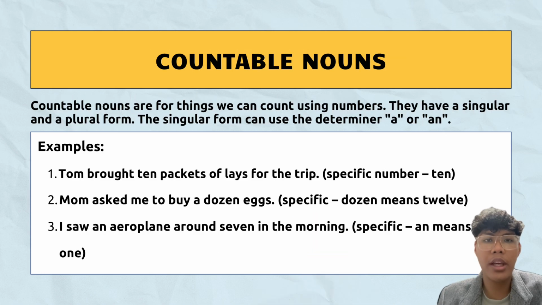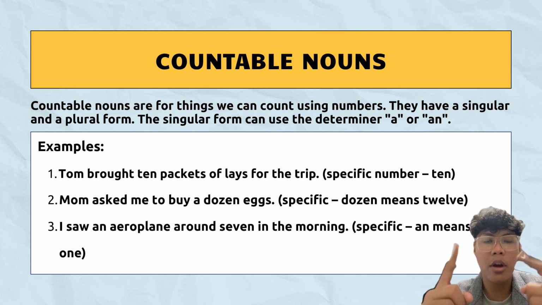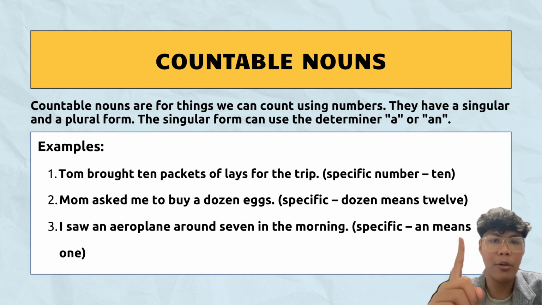Countable nouns we can count with numbers, and there are 2 types, which are singular and plural nouns. For the singular noun, we can use a determiner like a or an for a specific object. So for example, I saw an aeroplane. An aeroplane specifically means one aeroplane only.